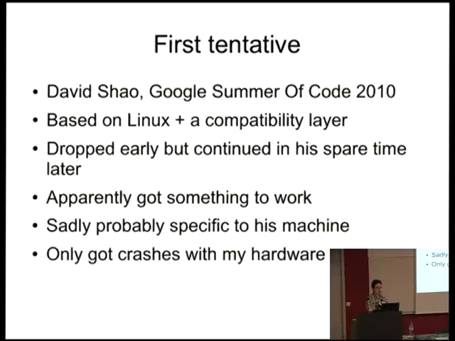He got something somewhat working. He got some results on his hardware, but unfortunately, I never was able to reproduce the working results on my machines. I only got crashes, so it was a bit of a mess. And I think the project was badly managed from the start.